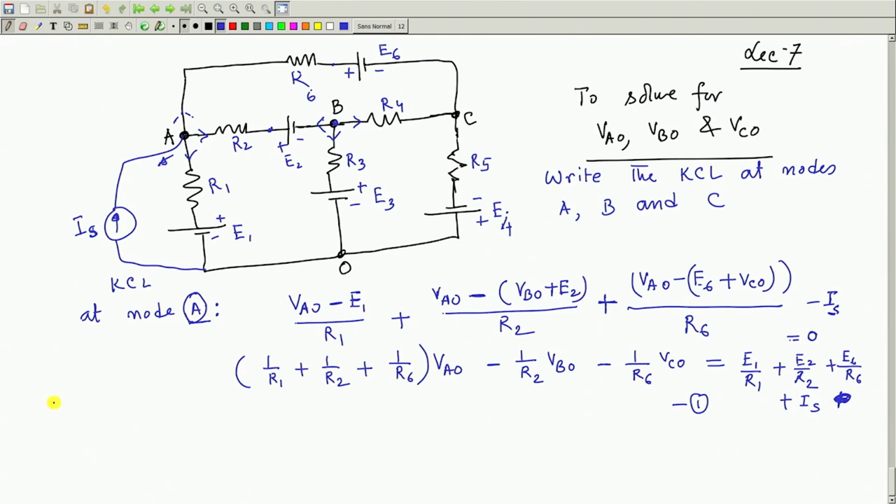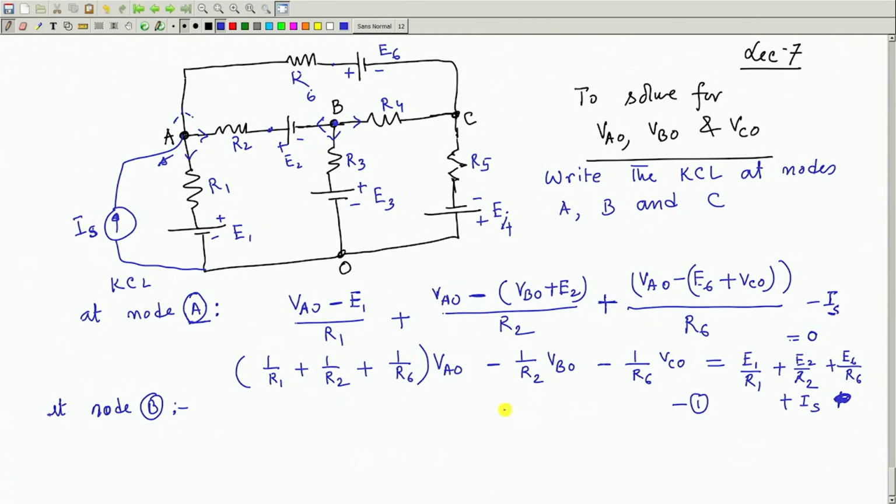Now, let us write down KCL at node B. At node B, in the same way I will write, because node B is now at the center stage.